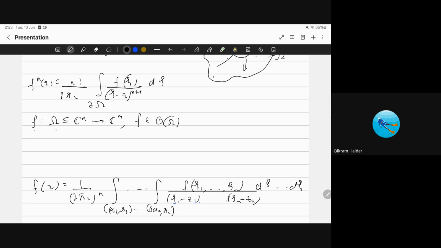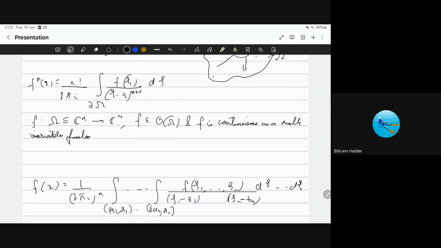So we've given an additional assumption. If f is defined on an open subset from Cn to Cm, f is holomorphic on omega, and f is continuous overall, so not separately. Of course, it's separately continuous because it's holomorphic in each variable separately, but f is also continuous as a multivariable function.